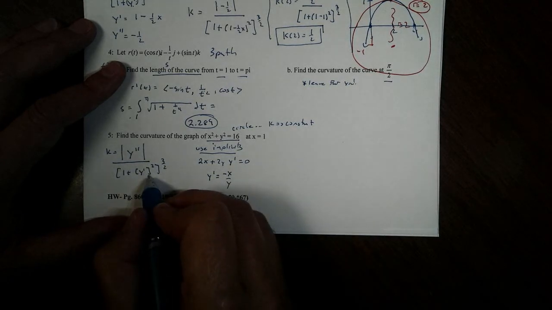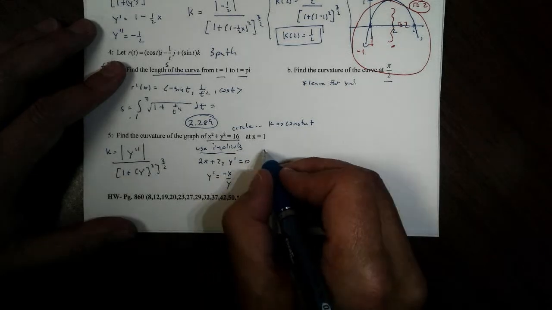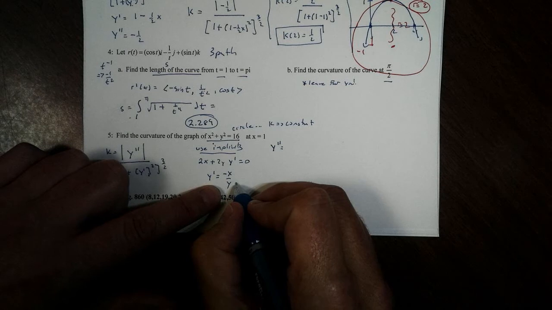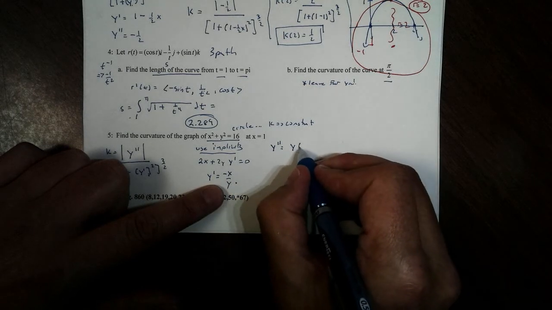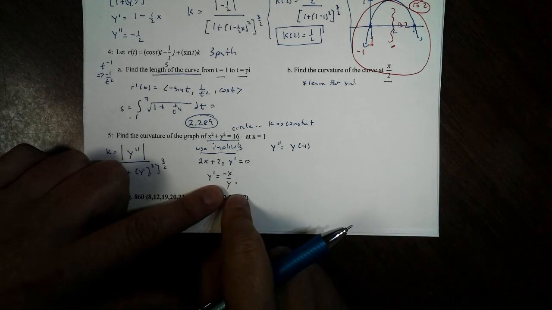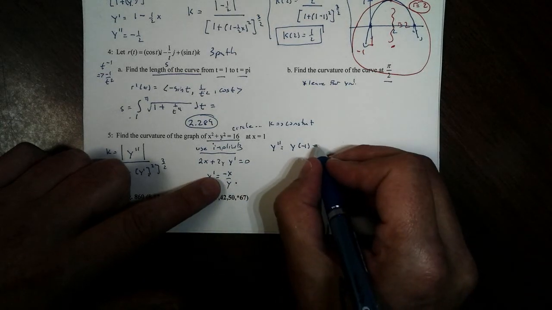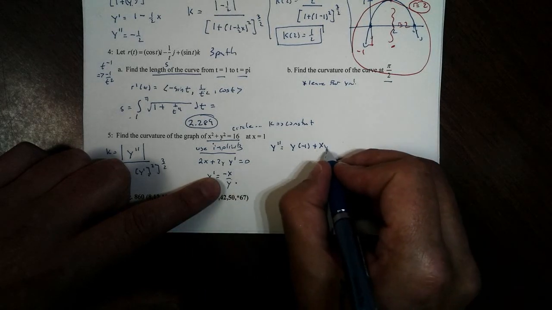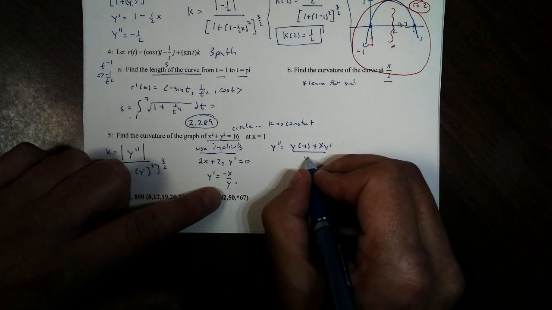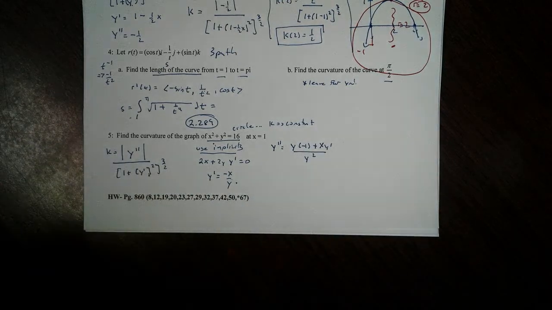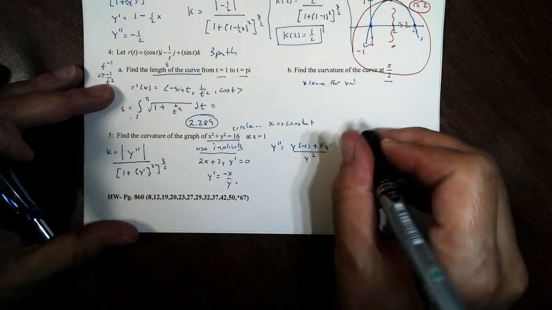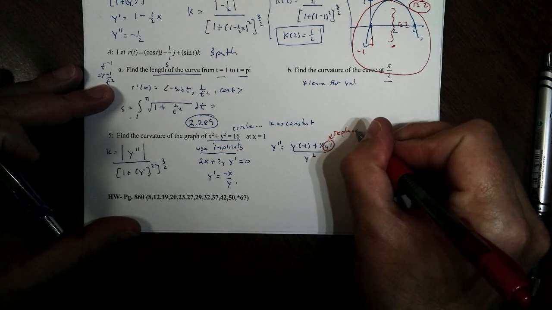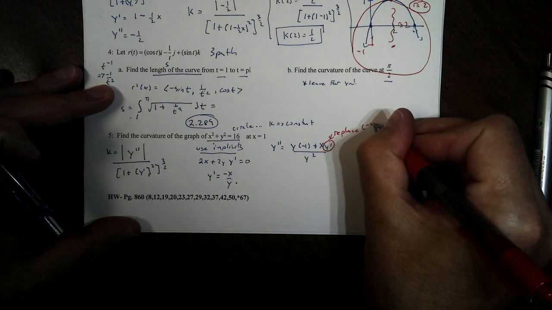So I got my y prime already, but remember I need my second derivative. To get my second derivative, I have to use quotient rule. So that's going to be low d high, remember taking the derivative with respect to x, minus high, which becomes plus x times the derivative of the bottom, which is y prime, all over the bottom squared, y squared. Now you might remember from last year, we don't like y prime right here, so we're going to replace this with negative x over y.